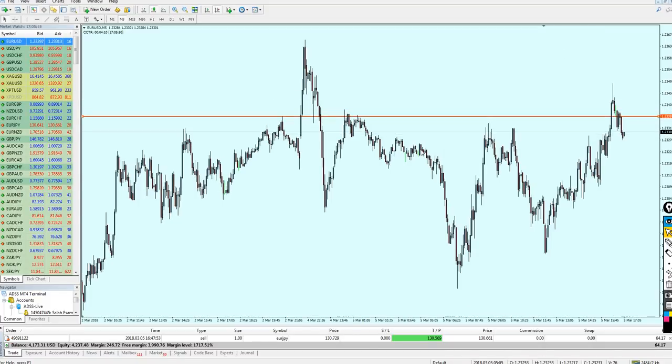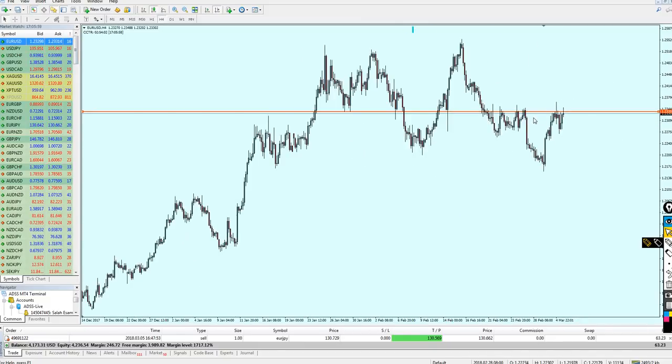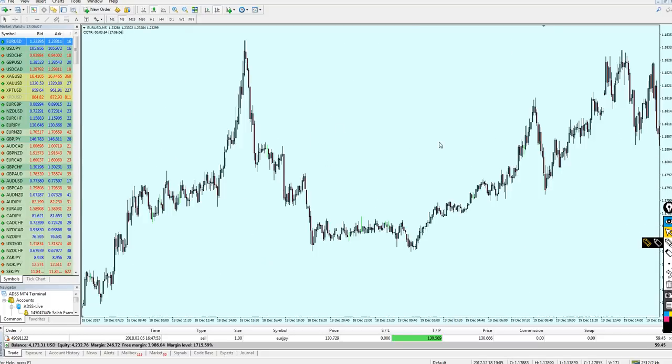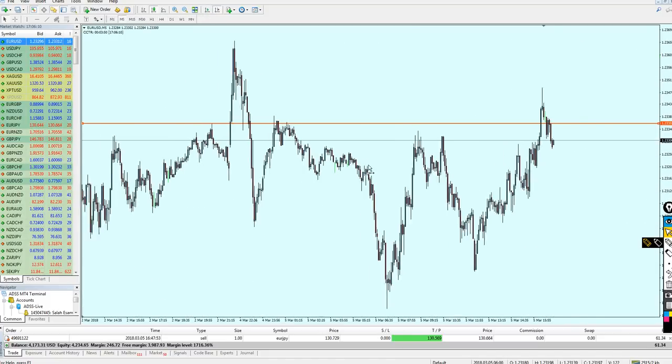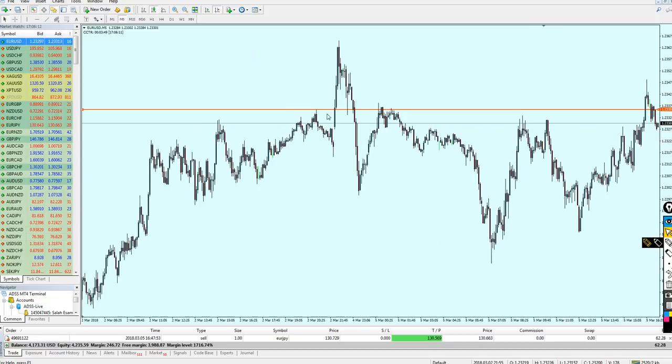Perfect. So as you can see on the 4-hour chart, I am on a resistance level, so I have to focus on only selling orders. So going back to the 5-minute chart, look at this level here. I have drawn my resistance line exactly at this resistance.